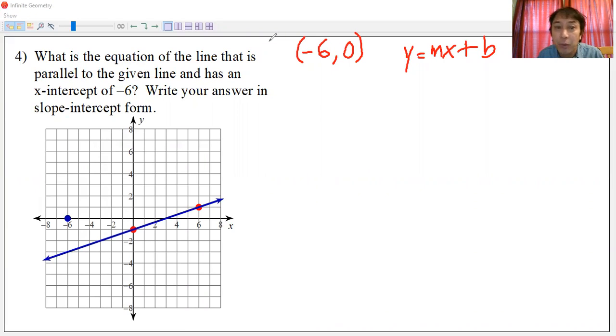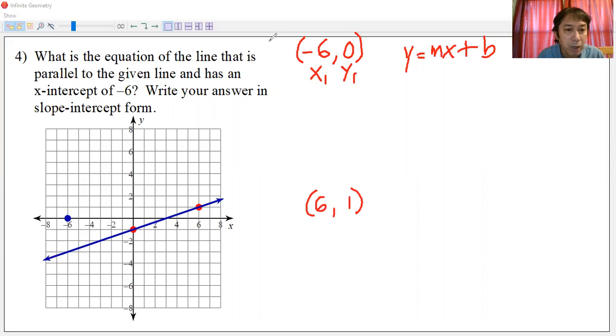All right, how are we going to approach the solution? We have a given point, and we can label this our x1 and y1 like this. And we can actually make use of the 2 points, the red points that you see, to compute for the slope. Now, one of the points is (6, 1). One of the red points, that's (6, 1).